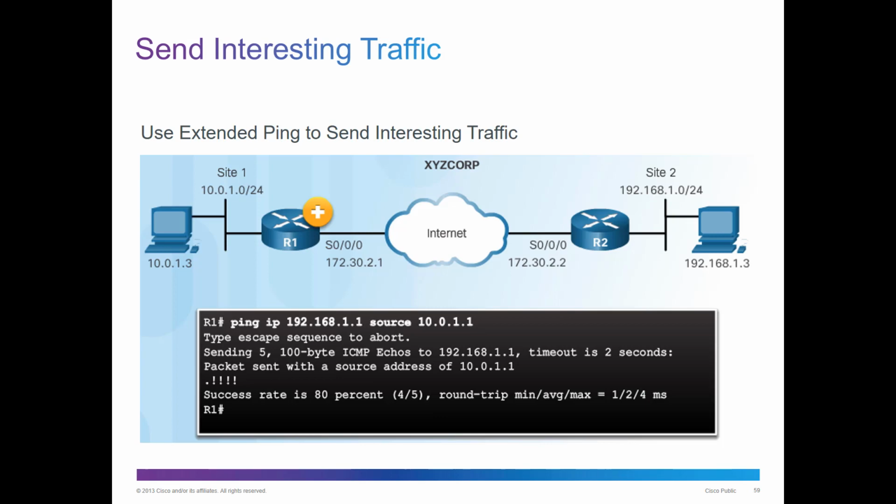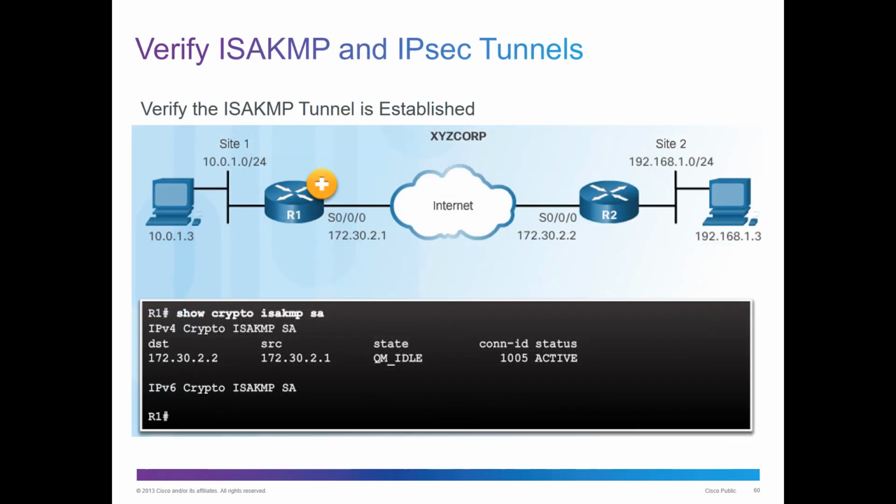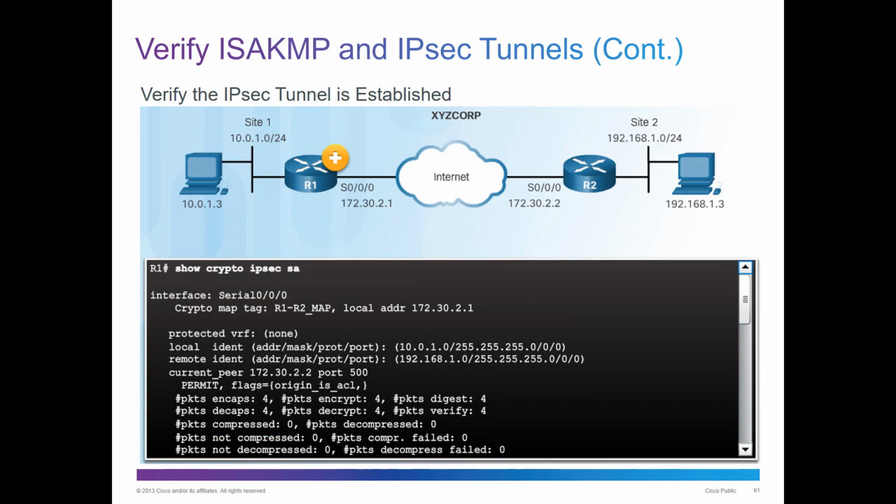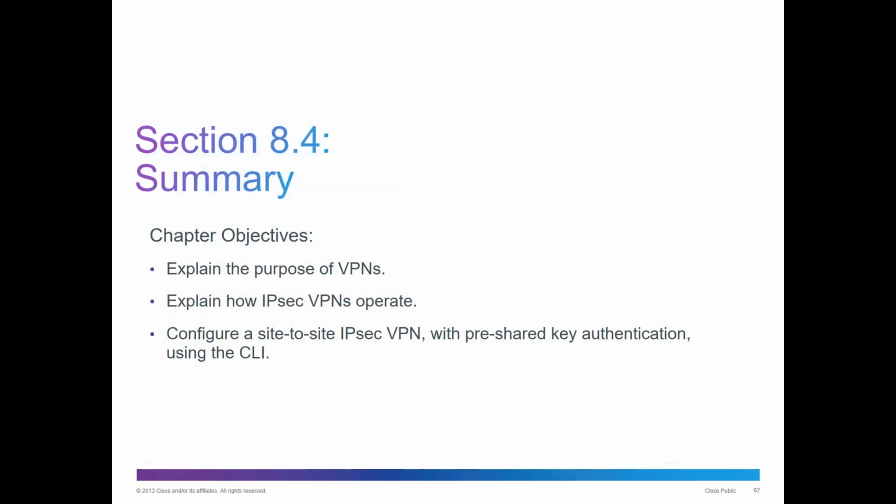You can also do a show option, show crypto ISAKMP SA, and it'll show source and destination. And it should show the state of the map and the state of the tunnel, which in this case it should be active. You can also look at the show crypto IPsec SA, and it should show you the interface, the local address, the peer, and all the additional details. And that is this chapter in a nutshell.